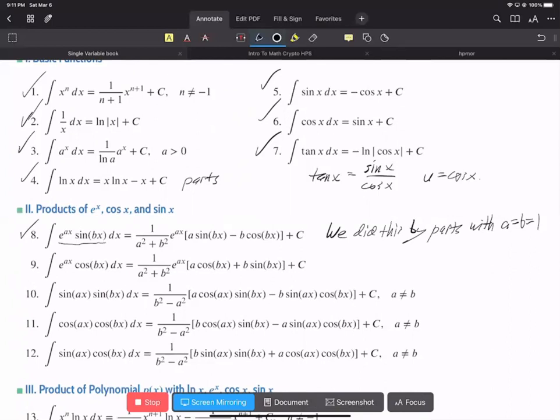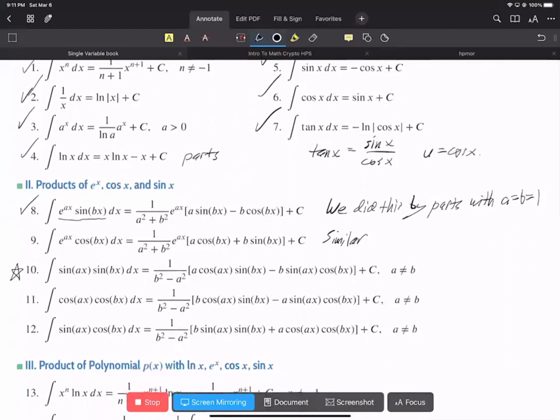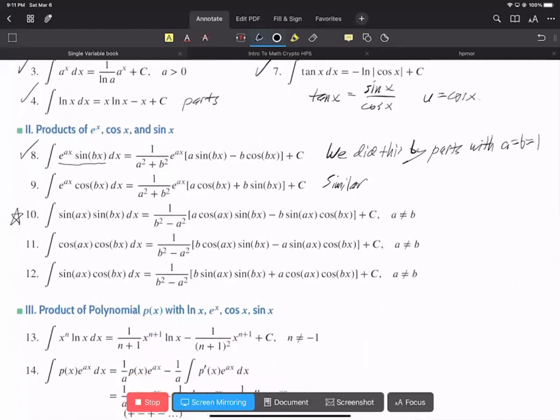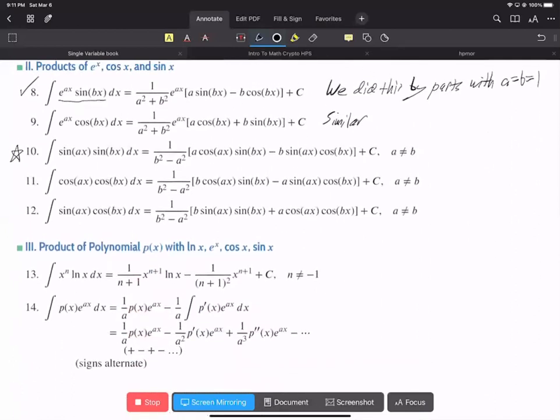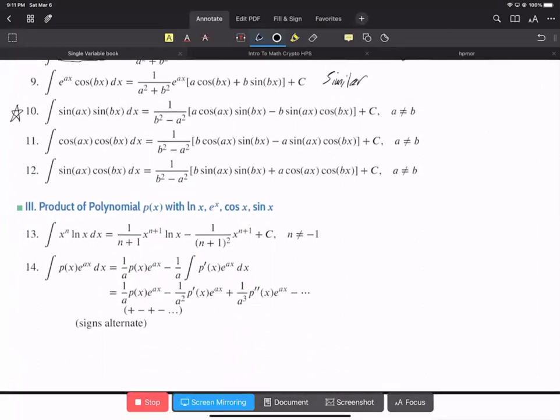This one, number 9, is similar. 10, 11, and 12 are also similar, but I might do an example of something like number 10, a video of that, just to show you. So 10, 11, 12 are all similar. And then 13, we did by parts.